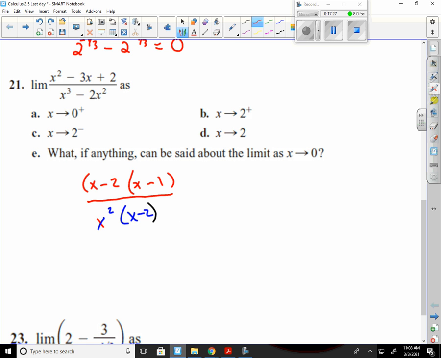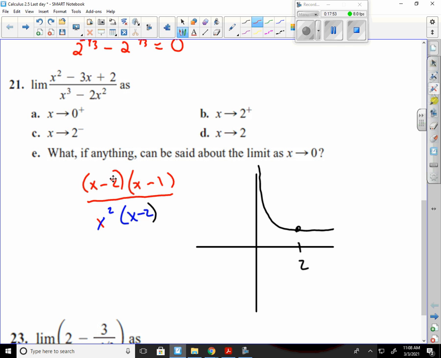Think about your graph. I can have a line like this, right? I can have a graph that's going up to infinity here. But if 2 is here, this doesn't look like infinity to me.